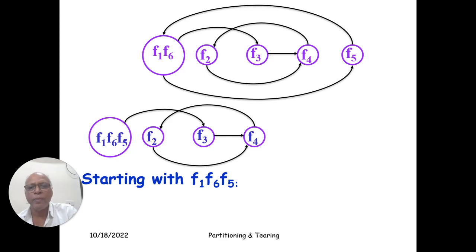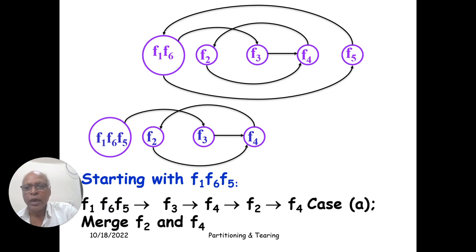Now because of the merger, we are left with only 4 edges. Again, I am starting with F1, F6, F5. There is only one output edge. There is no option now. I have to go to F3. Then from F3, I have only one output edge. I go to F4. I come back to F2, and then I come back to F4. Now what is happening? F4 is getting repeated.